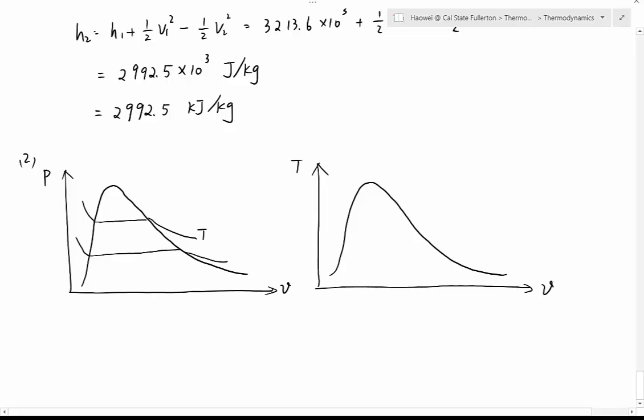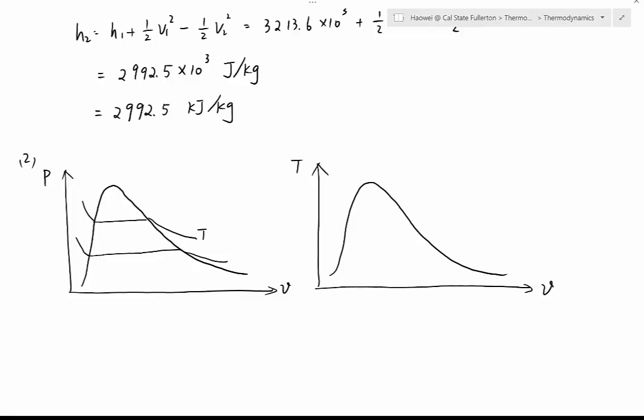Okay, so next question. Which line should we use to represent T1 and which line should we use to represent T2? The rule is the higher this line is, the higher the temperature it represents. So which one is higher, T1 or T2? T1 is given as 400 Celsius. So what's going to happen to T2, the final temperature? Remember, this is a nozzle.